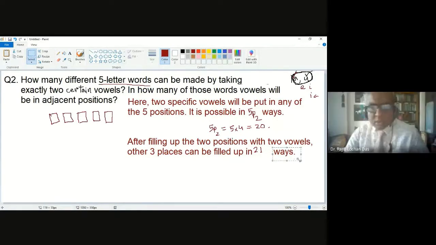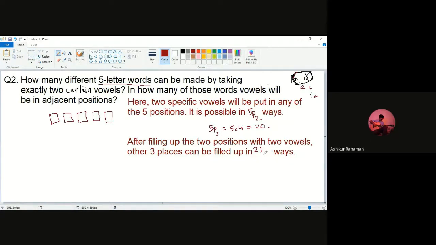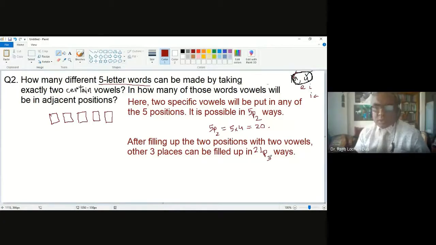Yes, Ashikur, tell me again. Sir, in the English word we consider 26 as the alphabet, but in vowel we subtract, 26 minus 5, that is 21. Yes, so 21 is the correct answer.